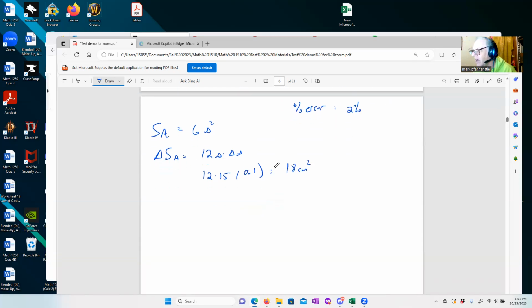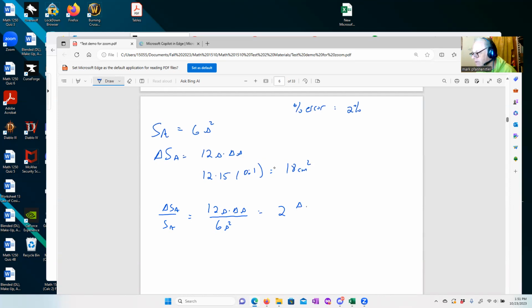To get the relative error, we're going to say this is delta SA divided by SA, which is 12s times delta s divided by 6s squared, because that was the surface area. 12 over 6 is equal to 2.